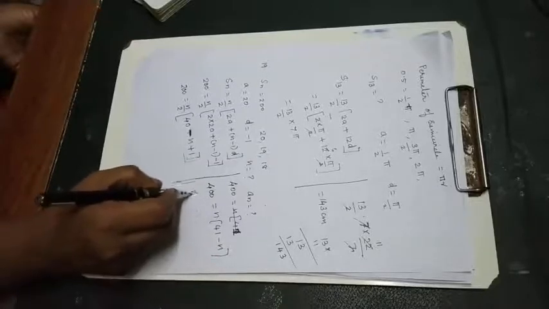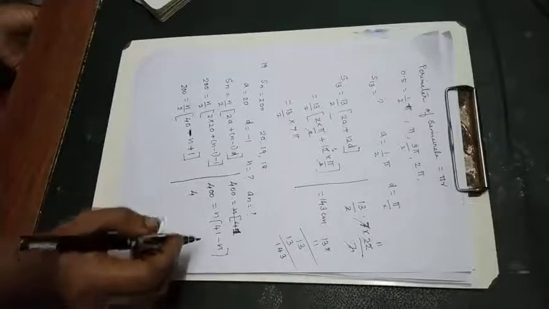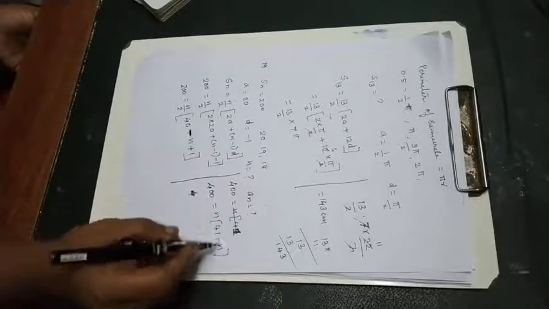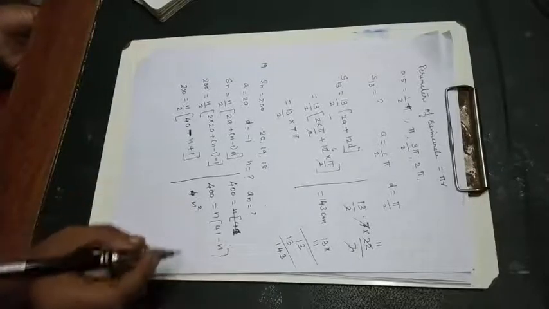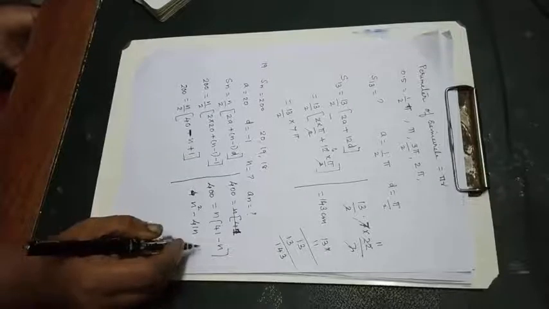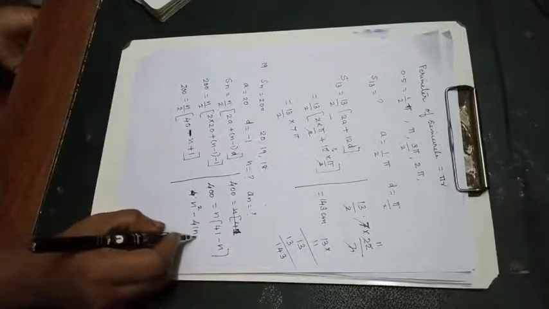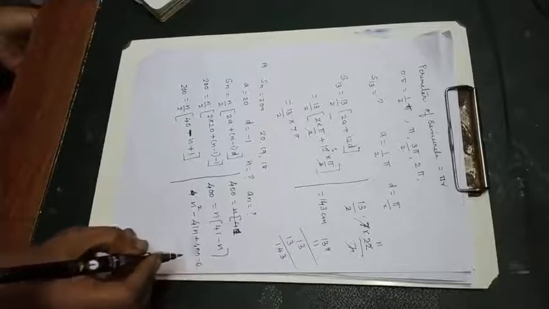So 41n, or let us take that to this side, n square minus 41n plus 400 is equal to 0.